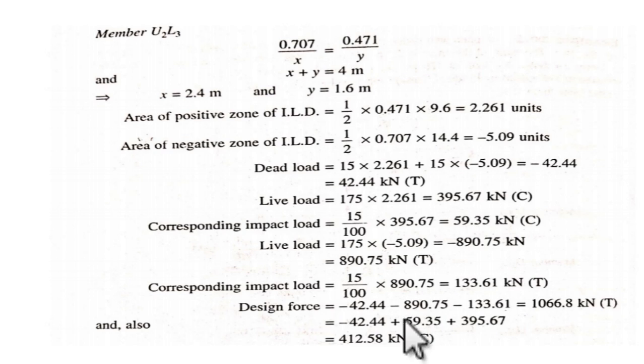You add all these values and you get 412.58 kilonewton as compressive. In the same diagonal member, it carries the design forces of 412.58 kilonewton as compressive load, and 1068.68 kilonewton as the tensile force.